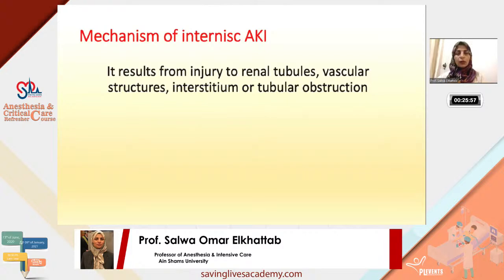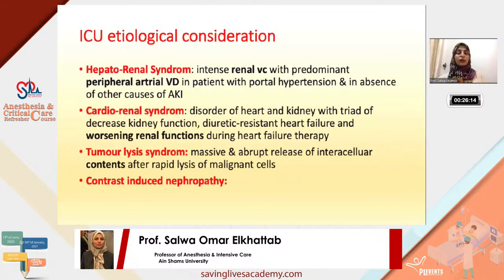Intrinsic acute kidney injury is the second most common cause. It might be injury of the renal tubules themselves, vascular structure, glomeruli, or interstitium, or tubular obstruction. In ICU, there are many other reasons. They're not as common as pre-renal, but we still face in a critical care setting hepatorenal syndrome, which is an intense renal vasoconstriction, while we have peripheral arterial vasodilatation.